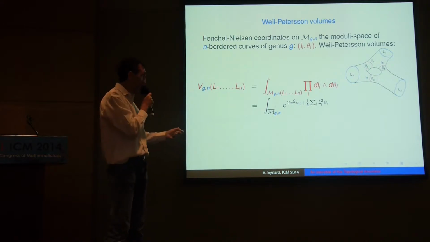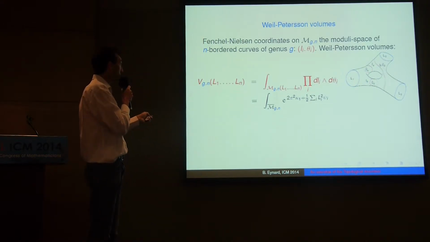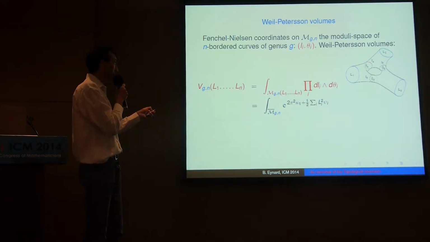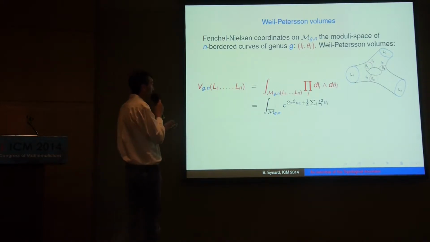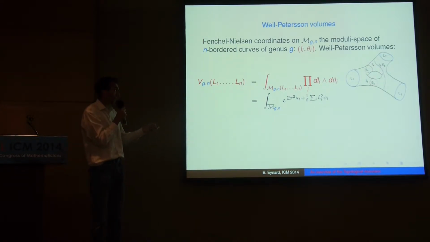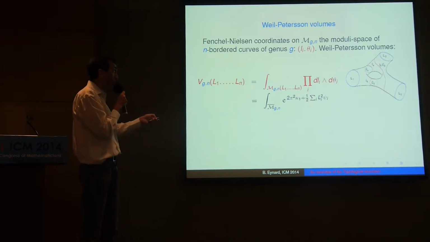So the set of angles and lengths are the Fenchel-Nielsen coordinates. But they are only local coordinates because there is not a unique way of cutting a surface into pairs of pants. Here is another way with geodesic boundaries, so you get different lengths, different angles, but it's still the same element of M_{g,n}.